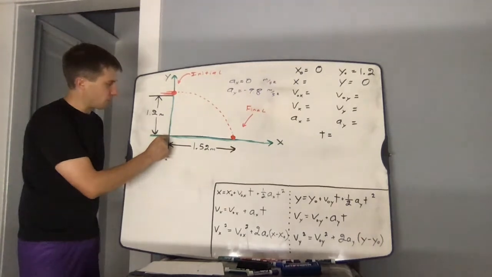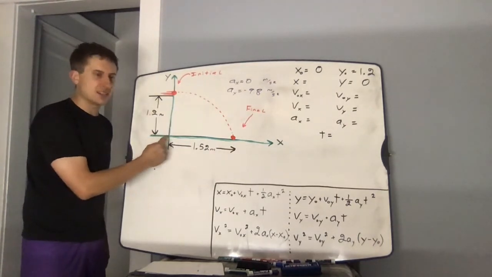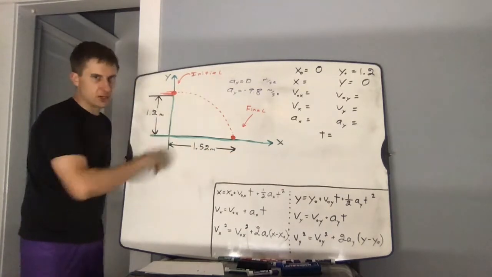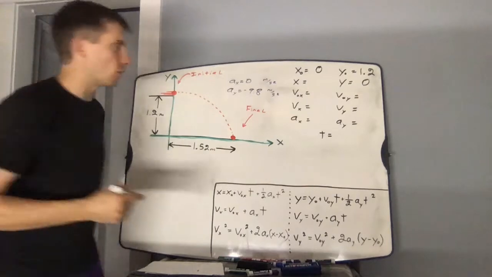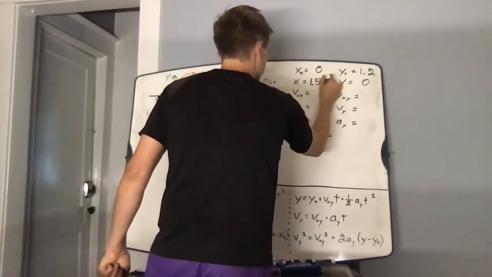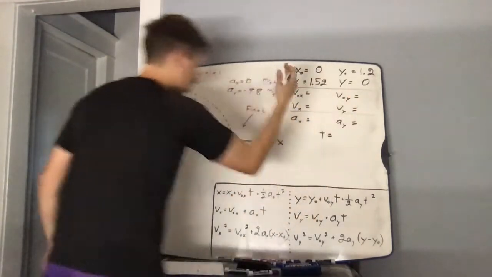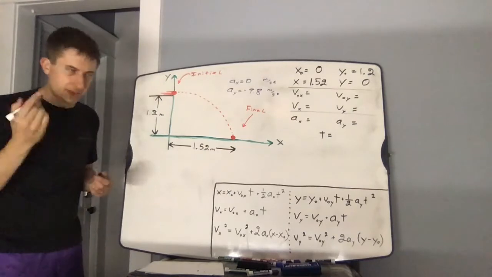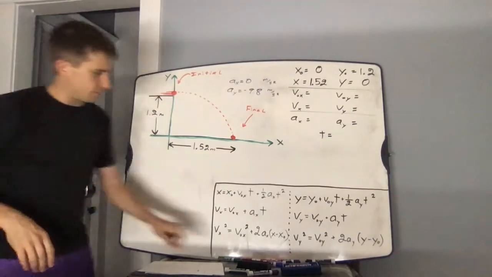So if the leg of the table coincides with the y-axis, we are 1.52 meters away from the y-axis. Our x final is 1.52. I'm just going to put a line here to separate the terms to make this a little neater. Is there anything else we could write in right now?